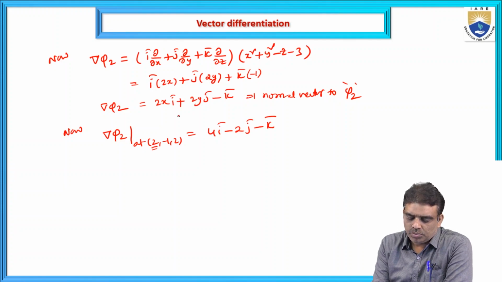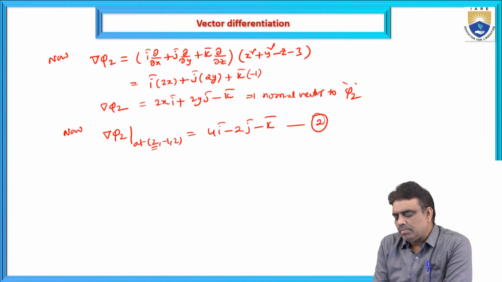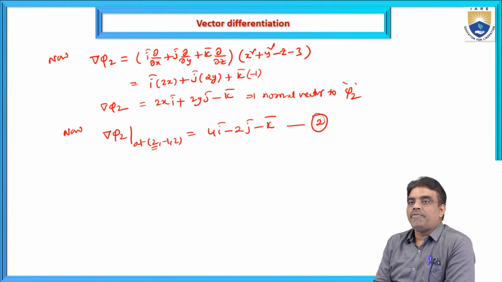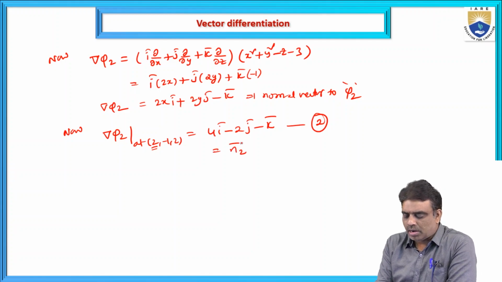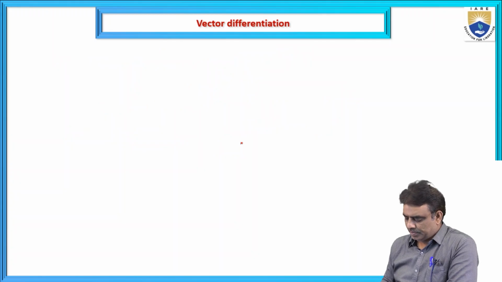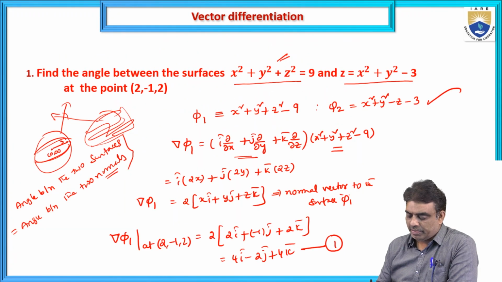x is 2, 2 2s are 4i bar, y minus 1, minus 2j bar, minus k bar. So this is equation number 2. So grad phi 1 at (2, -1, 2) is the first normal vector, that is n2 bar, and this is n1 bar, the normal vector to the surface.